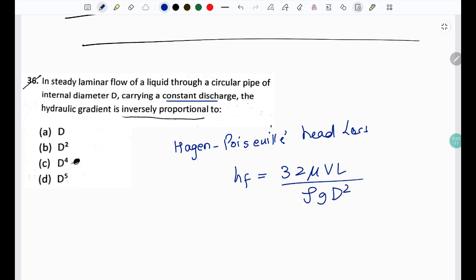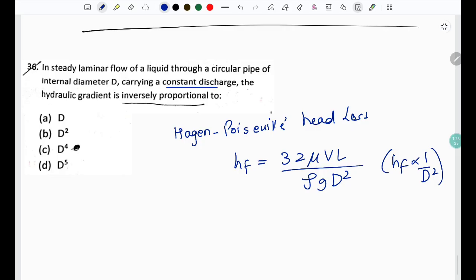By just looking at it, one can think that HF is inversely proportional to D square, but that is not the case, because inside V is D hidden, because for a constant discharge Q is AV and it is a circular pipe.